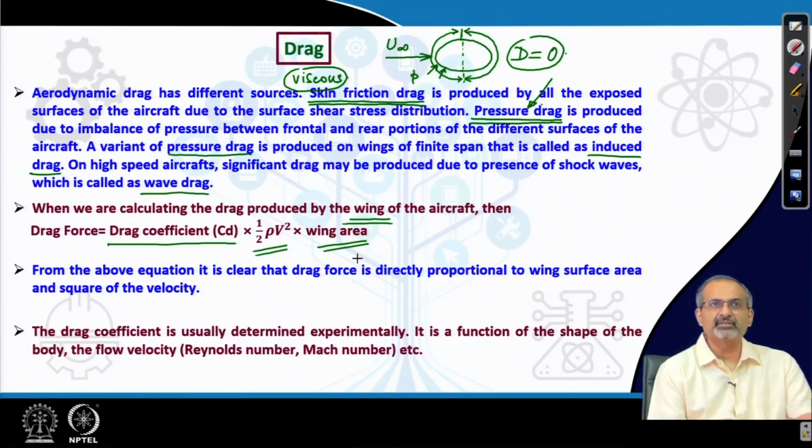So, this relationship is somewhat similar to the lift force represented in terms of CL, which we discussed earlier. Like lift, the drag coefficient is also often determined experimentally, and it is a function of the shape of the body and the flow velocity, especially the Reynolds number, Mach number, etc., representing the flow. So, depending on that, the drag coefficient would vary. It needs to be determined experimentally.